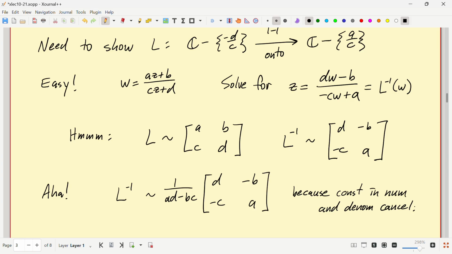It's like the inverse. So let's call this A. If I call this A, then this looks like A inverse except for the stupid determinant.